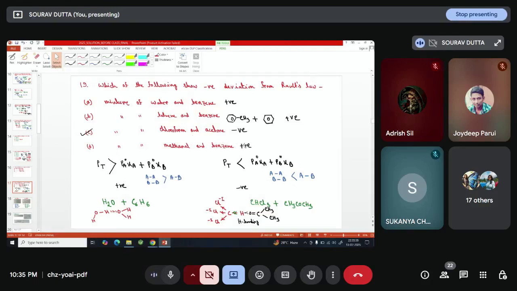But chloroform acetone, in chloroform no hydrogen bonding, in acetone no hydrogen bonding, কিন্তু after mixture chloroform and acetone can form hydrogen bonding, that is the strongest interaction, so interaction will be higher after mixing, so only this forms negative deviation from Raoult's law.